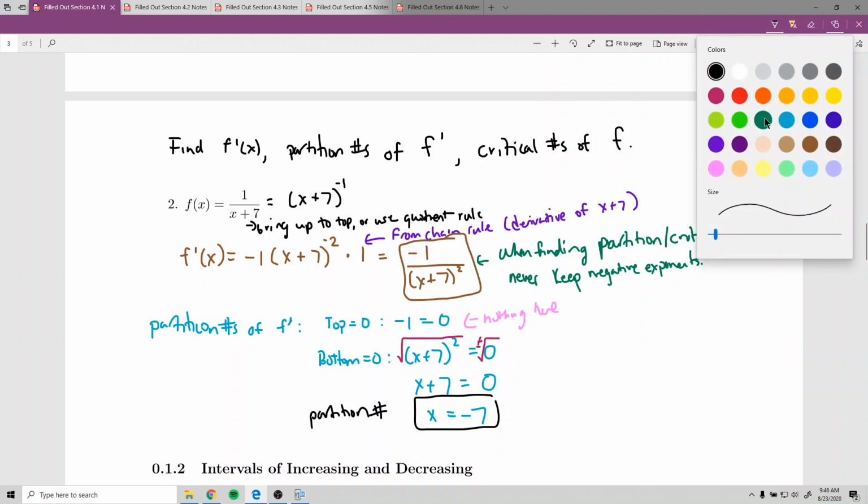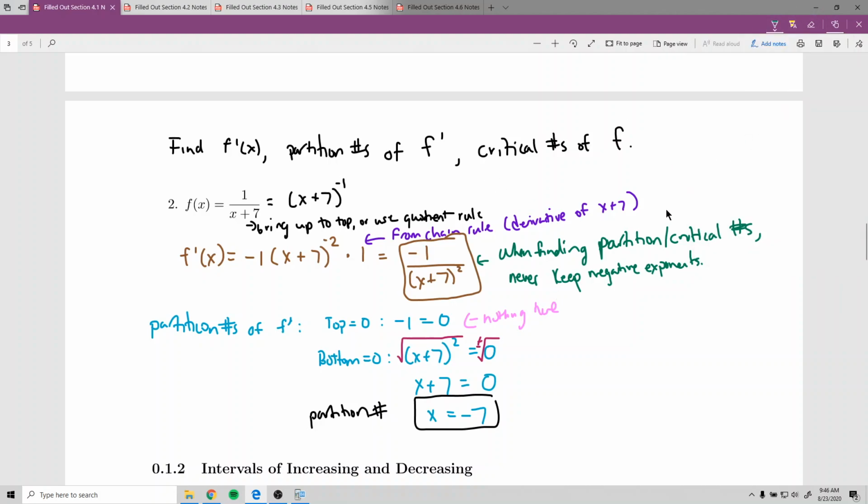And then remember the last thing: the critical numbers come from the partition numbers. Now that we only have one value, negative 7, we ask, is negative 7 in the domain of f, our original function?